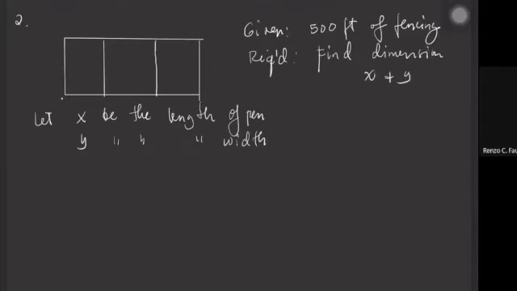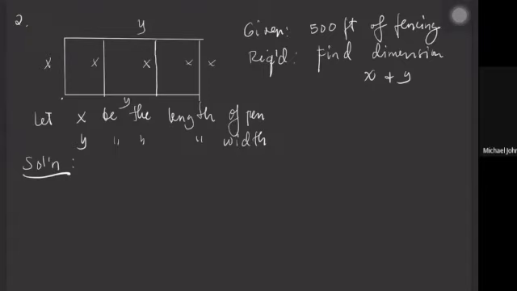Now, where should we start? This is our solution. If x is the length of the pen, this must be x here. This should also be x. And this must be y. What equation is useful here? That means we'll call that total material.